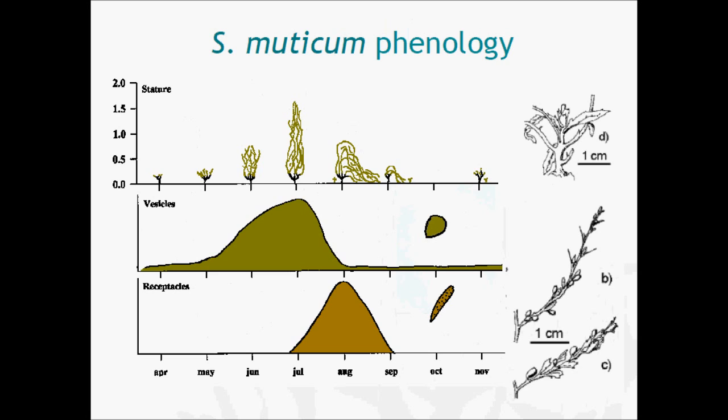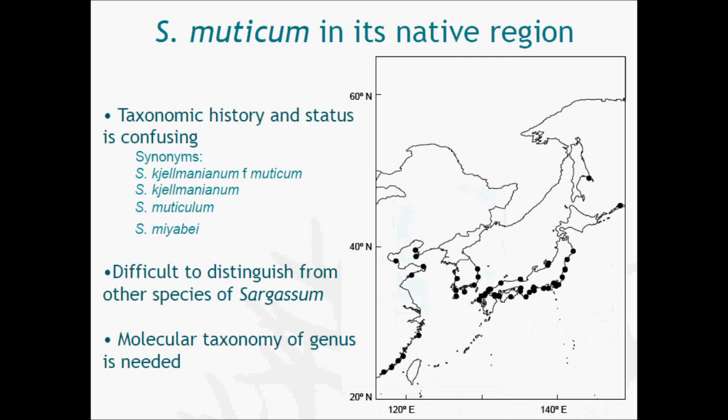over the winter. Okay, so where does it come from? Sargassum muticum comes from Japan and China, and you can see the distribution of Sargassum muticum mainly around Japan, also in China. There is taxonomic confusion, with many names for Sargassum muticum.